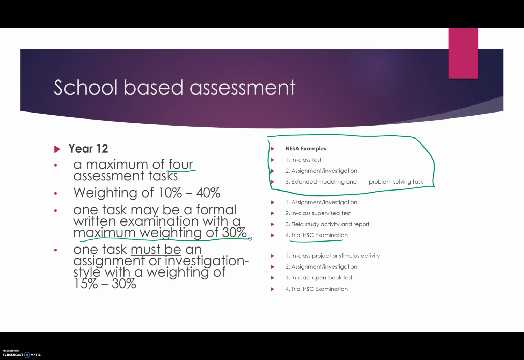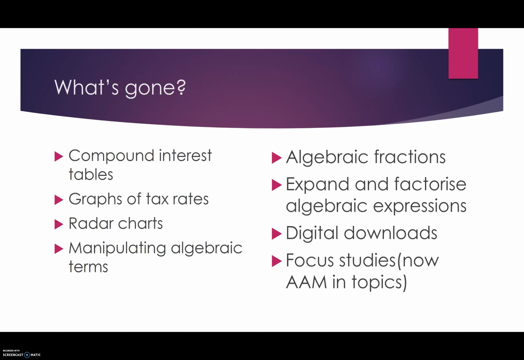Maximum weighting for a formal assessment task was 30%. So I'm assuming that meant the trial HSC exam is a maximum of 30%. But yeah, nothing terribly new about that.